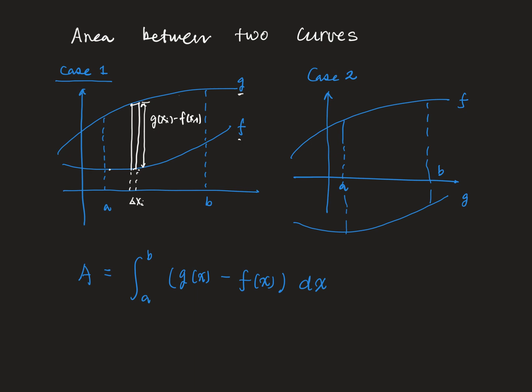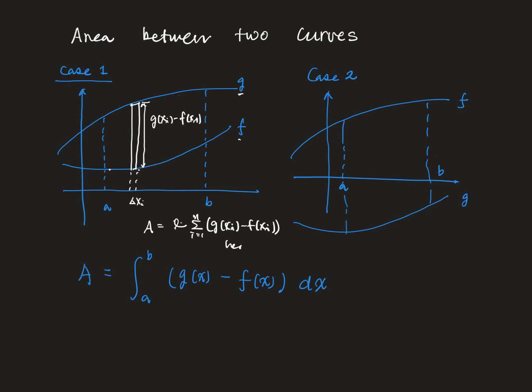So using the Riemann sum, the area is going to be the limit of the summation from i equals 1 to n of g(x_i) minus f(x_i), times delta x_i.